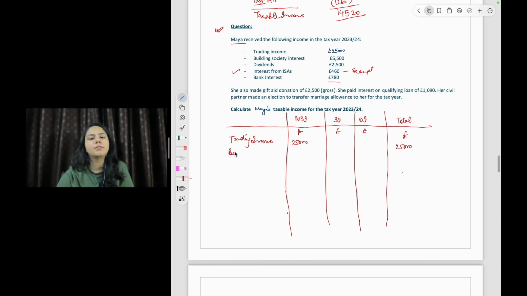Then building society interest is my savings income, which is 5,500.